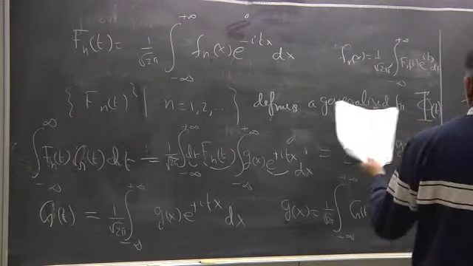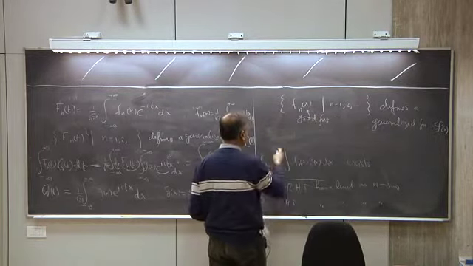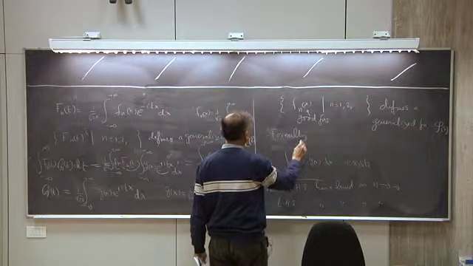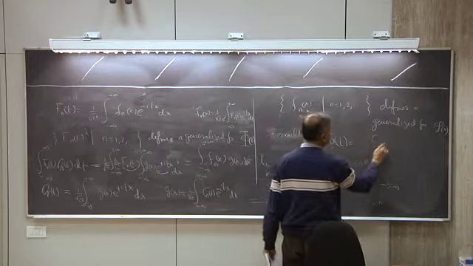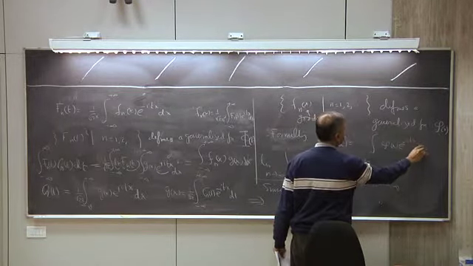And in this case, what we will do is we will formally write this capital phi t is equal to the integral of little phi x e to the minus i t x dx.